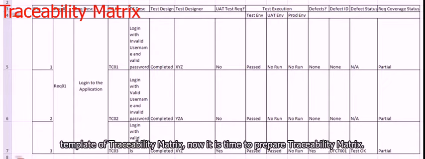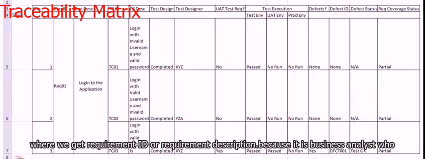But before preparing the traceability matrix, the first thing that we should understand is from where we will get the requirement ID or requirement description. Because it is the business analyst who prepares the requirement in the form of a business requirement document or technical requirement document or business document.